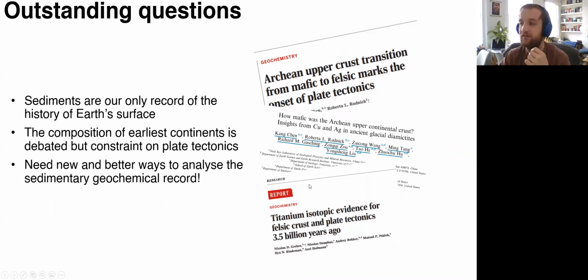So there really is quite an impassioned debate in the community about the composition of the earliest continents, which is limiting our ability to understand when plate tectonics began. I believe that we need new and better ways to analyze the sedimentary geochemical record if we're going to resolve some of these difficulties.